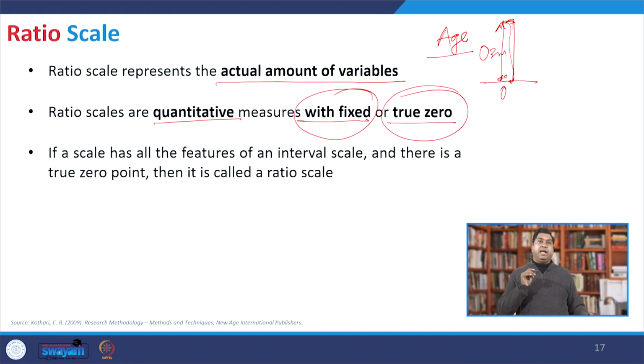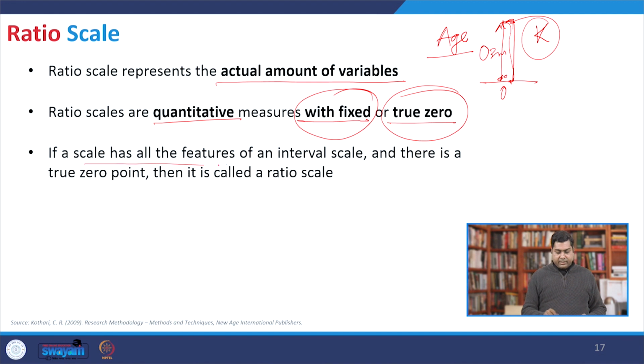Again taking the example of temperature and units like Celsius and Fahrenheit, in both the cases we can have minus values, so they are interval scale. But if you measure it in Kelvin, 0 represents the absence of thermal energy. So, in such cases the Kelvin scale is a ratio scale. So, under temperature only, depending on the measurement scale we have the variation.